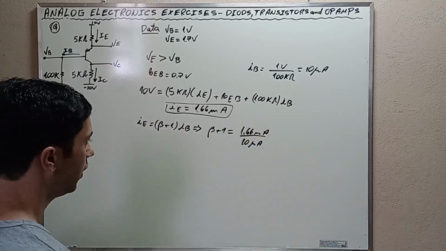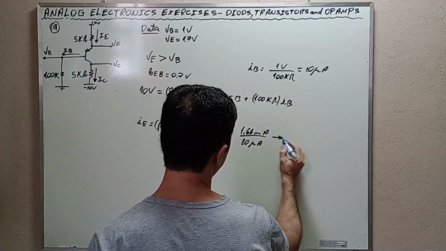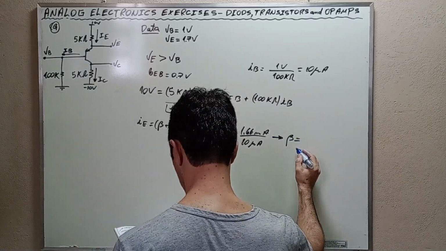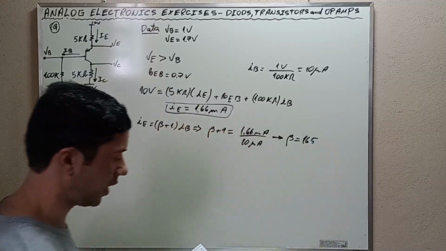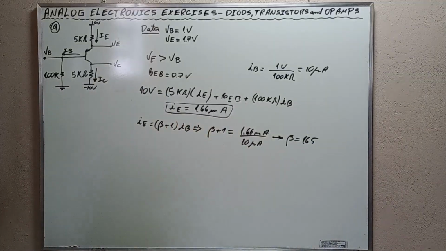In this way we find the value of beta equal to 165. The exercise wanted us to calculate the value of beta, and this is the first result.